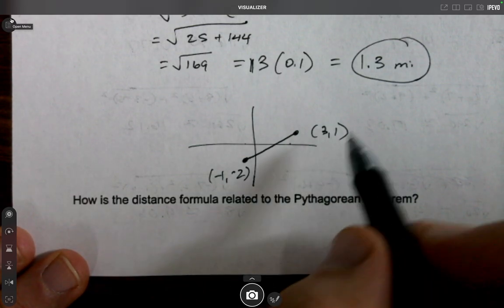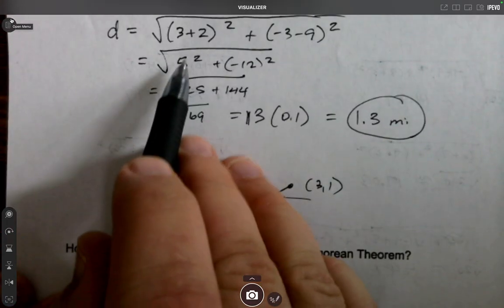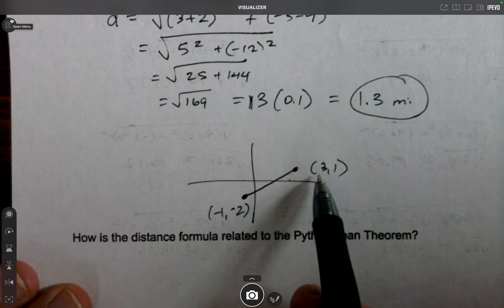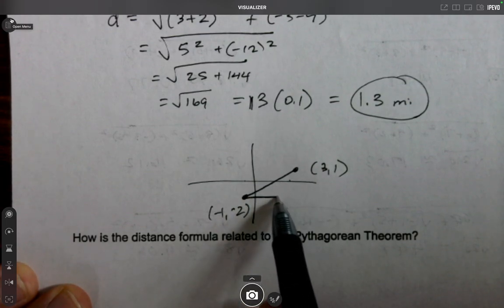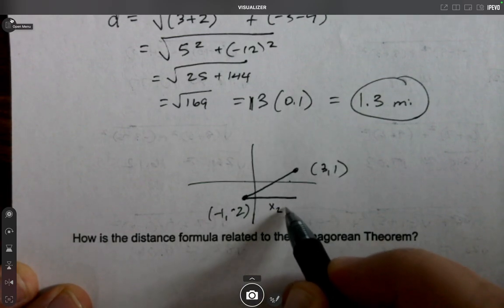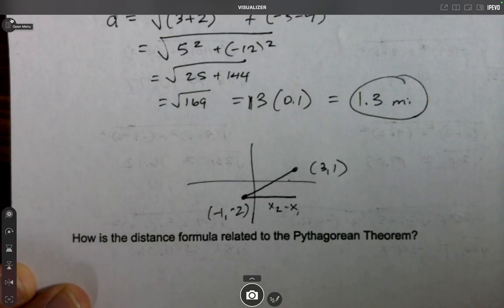However, when we do x2 minus x1, this part right here, we're finding the distance between the two x values. We're finding the distance between 3 and -1, which is the same as the horizontal distance from one point to the other. So this is our x2 minus x1. Because when we subtract them, that tells us how far apart the two x values are.